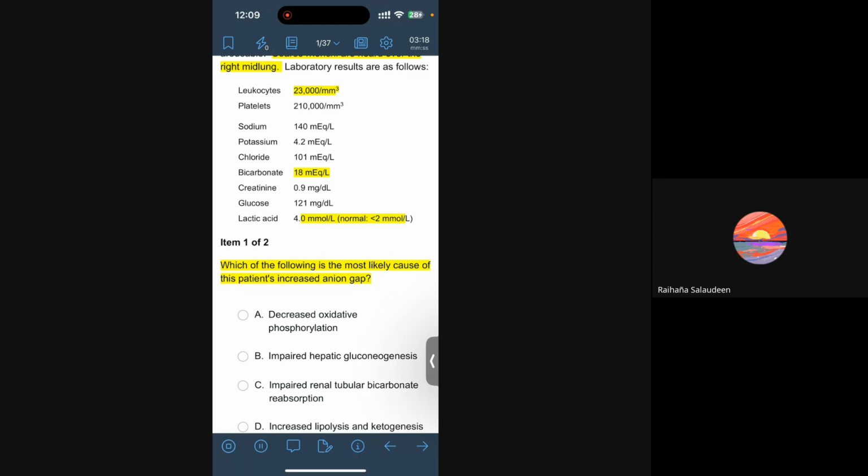Okay, and for glycolysis to keep on working, you need a constant supply of NAD plus. And where do we get the NAD plus? We get the NAD plus by converting pyruvate into lactate.